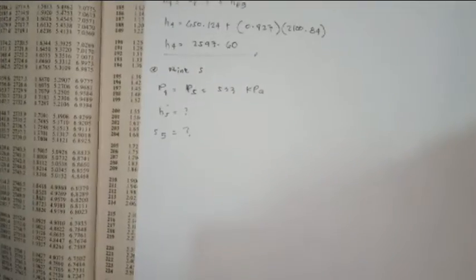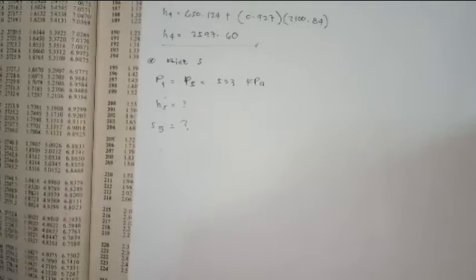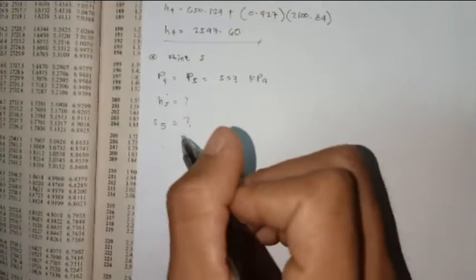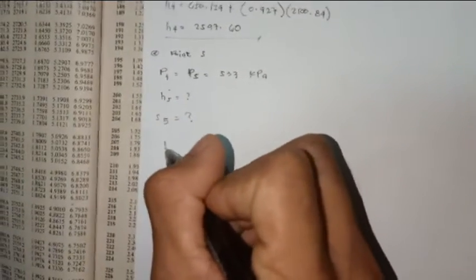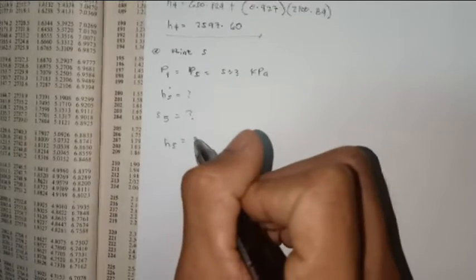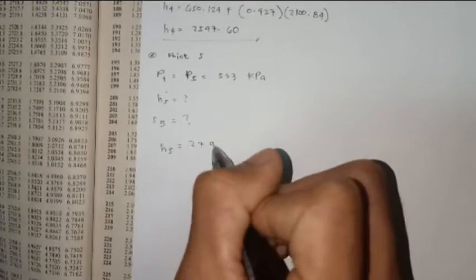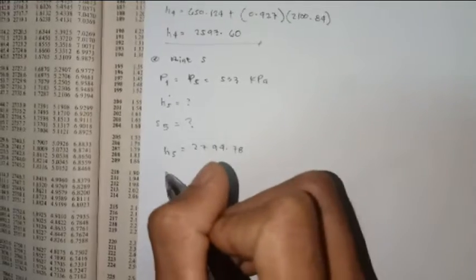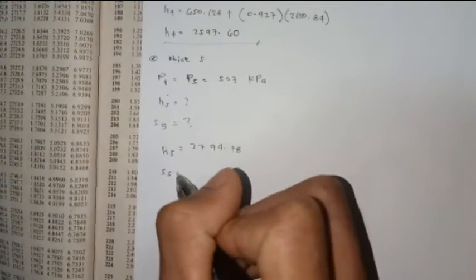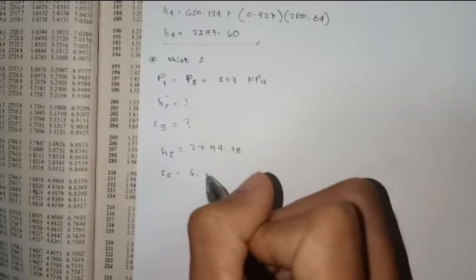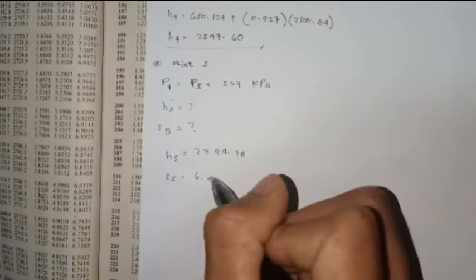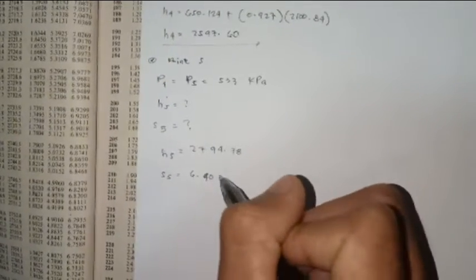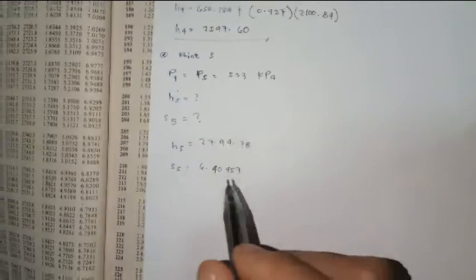So using the interpolation process, we can get the value of H5. H5 is equal to 2794.78. Then the S5 is equal to 6.9457.